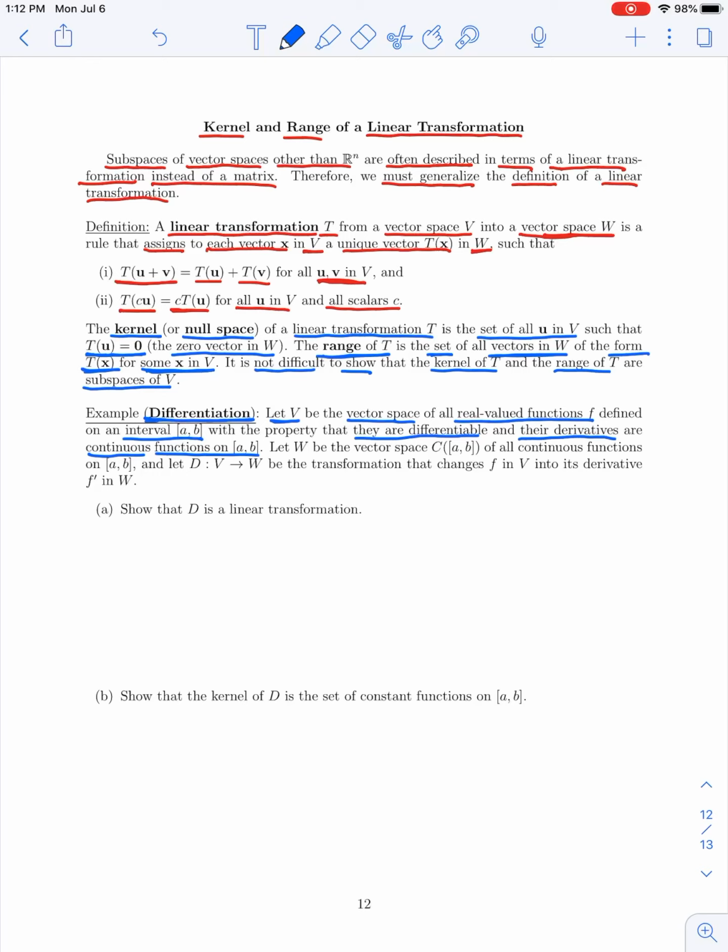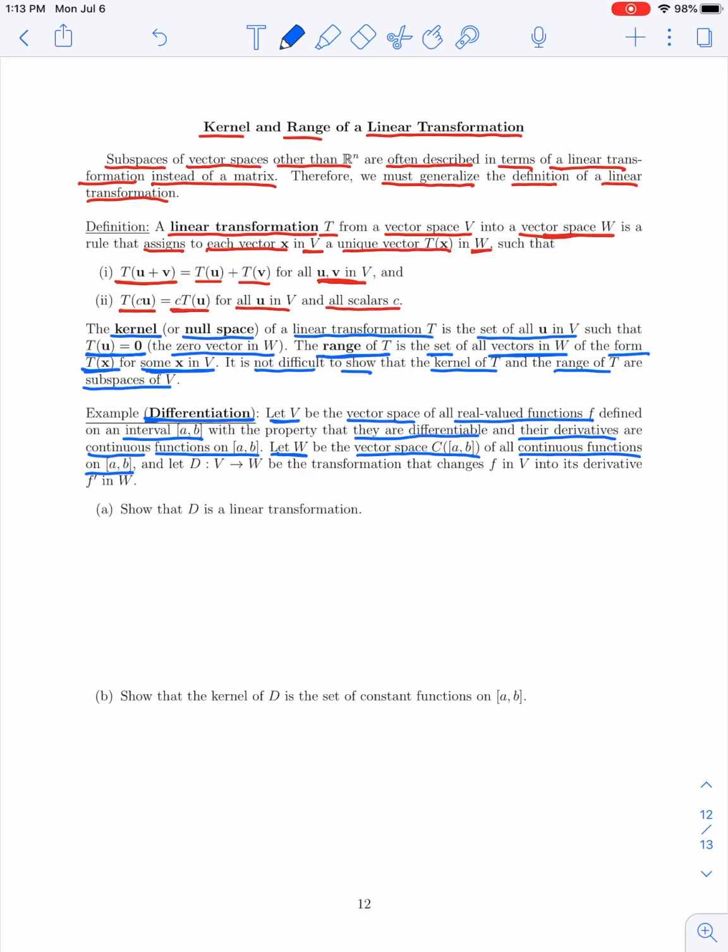So we're looking at functions f of x which are defined on a closed interval a to b, and differentiable such that the derivative of the function is continuous on that same interval. And we will let W denote the vector space of continuous functions defined on the interval from a to b.